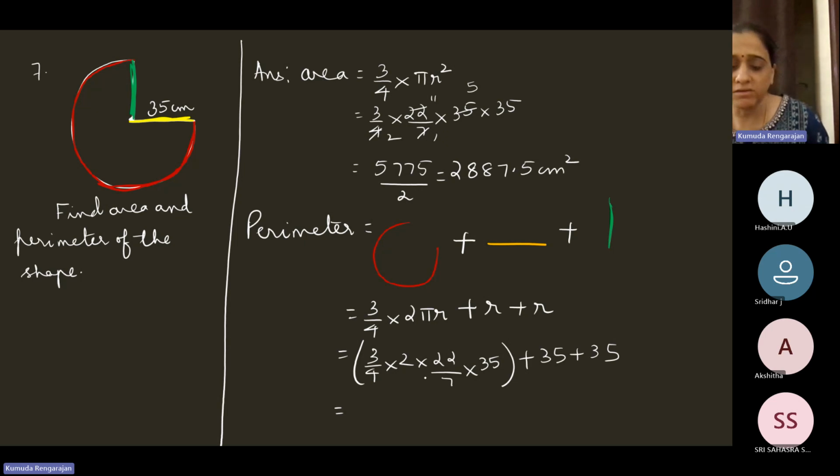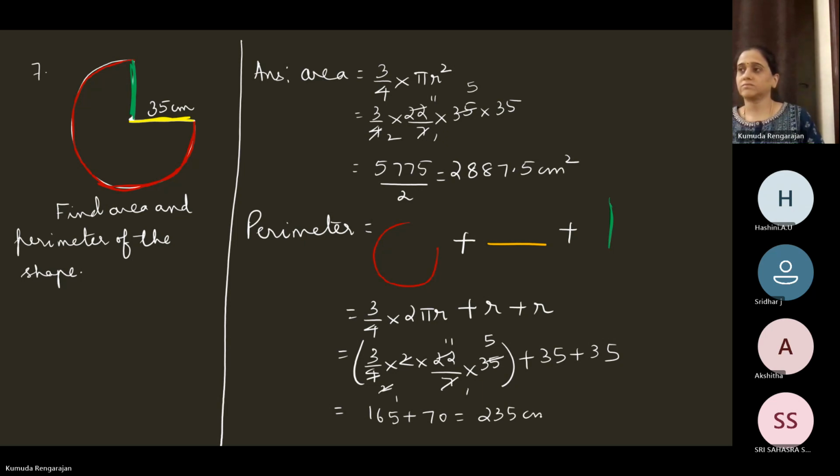Simplify. So 55 and 3, 165. Those are the steps now.